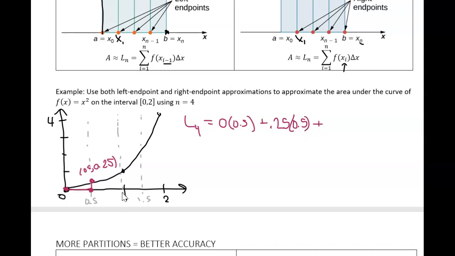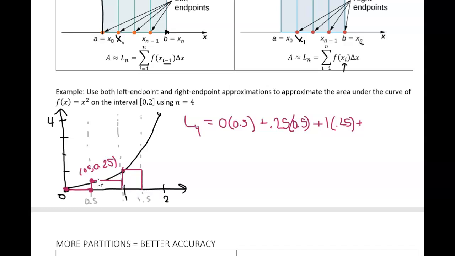For our next one, we're talking about the left endpoint being at 1, let me draw that rectangle, and we know that 1 squared is 1, so the height of the rectangle is 1, and the width is 0.5. Finally, our fourth rectangle does not start at the boundary of 2 because this is a left-hand sum.